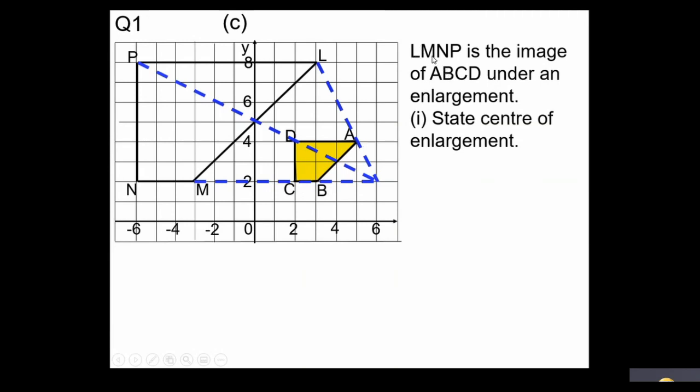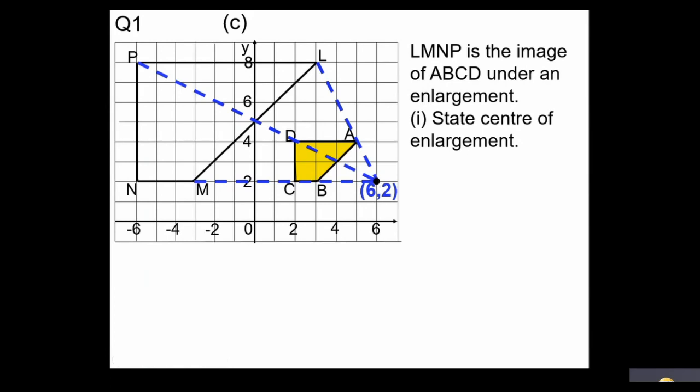Get this point. Again, if you just connect 2 points, let's say you use this line and also this line, you should be able to get this point, but to be safe, we take more points. It's good if we can take all the points. So here, this is the center of enlargement.